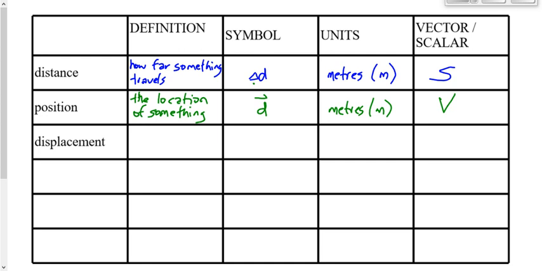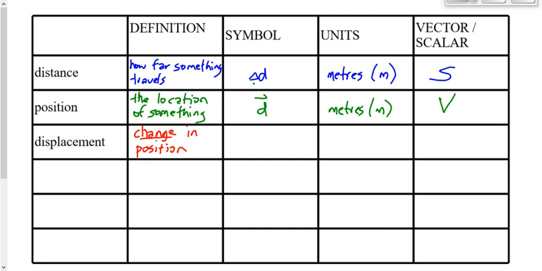Displacement. Displacement is the change in position. Position is where we are, or my location.